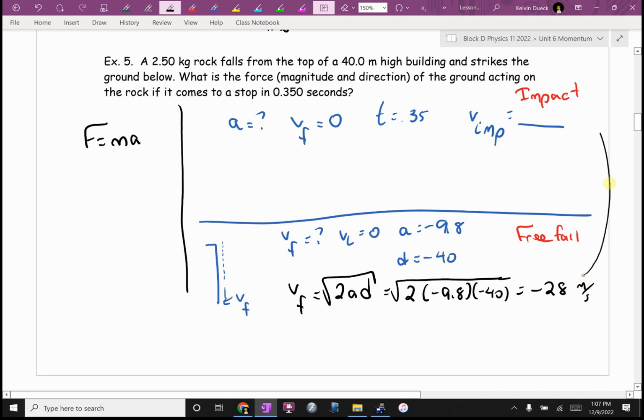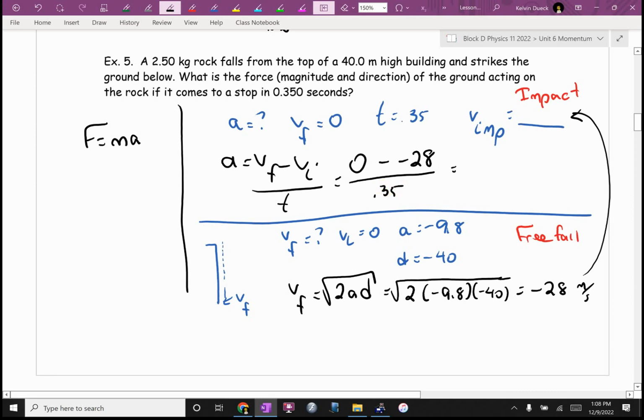And that's going to go over to there. How can I find A? A equals change in V over T. Now VF on impact is 0, minus negative 28 for VI, all divided by 0.35.